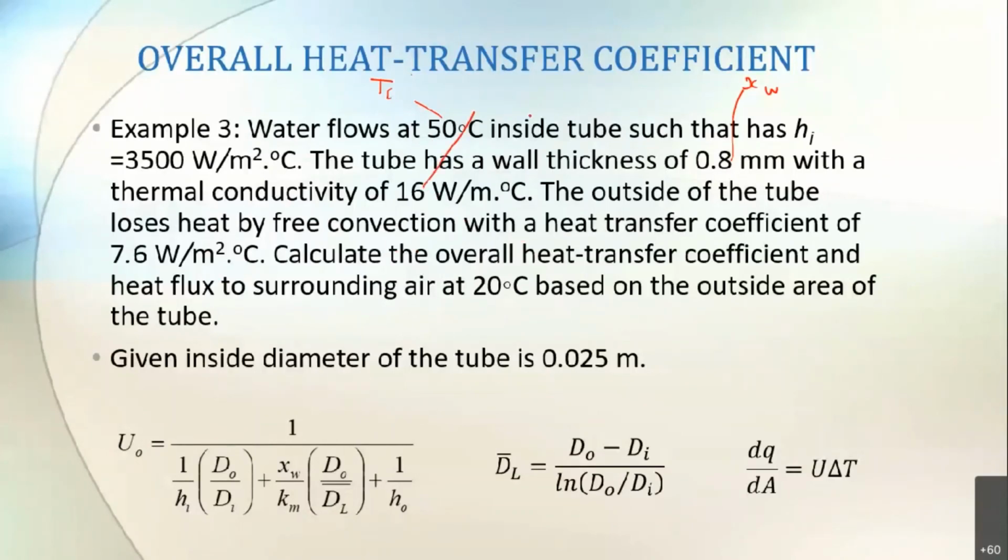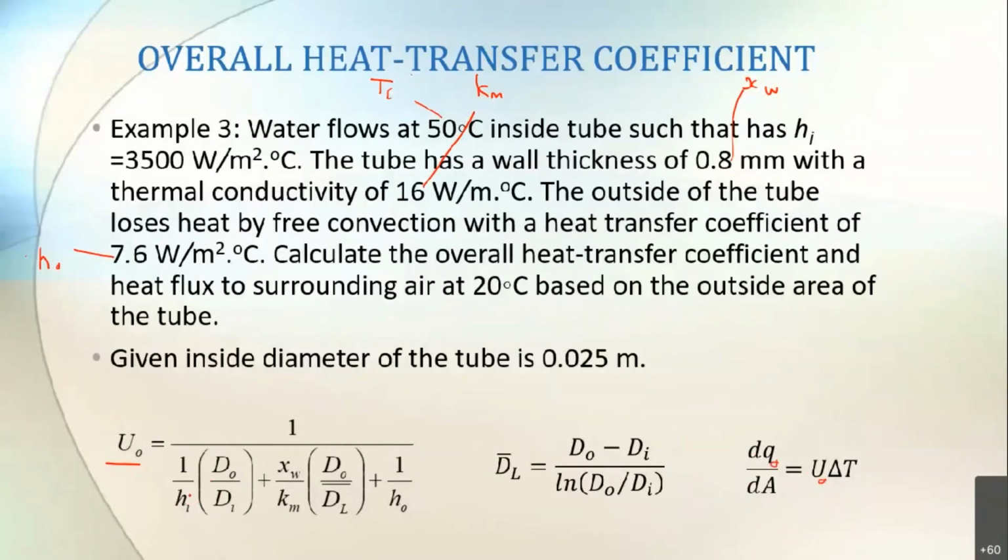So this value is the value of your Km, the material thermal conductivity. The outside tube is losing heat by free convection with the heat transfer coefficient of 7.6, so you can say this value is your HO. Calculate the overall heat transfer coefficient and the heat flux based on the outside surface area. So you want to find the value of the UO and also Q on the outside.